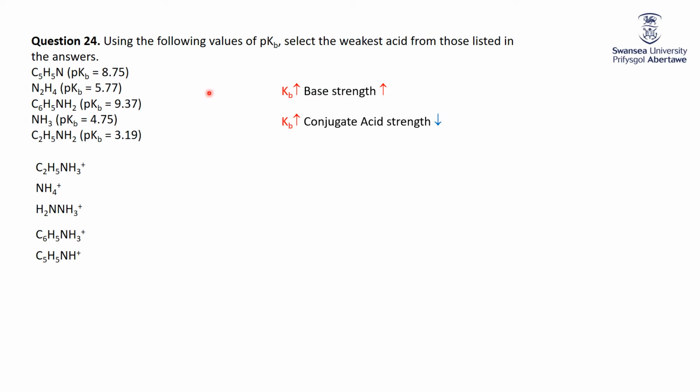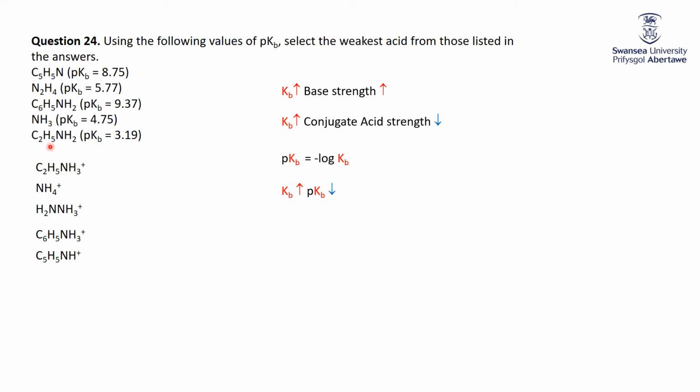But we're not looking at Kb's here, we're looking at pKb's. Well, pKb is minus the log of Kb. And remember, as soon as you put that minus in front of the log, you're changing the trends. So that means that the higher the Kb, the smaller the pKb. So in other words, the smaller the pKb, the stronger the acid.